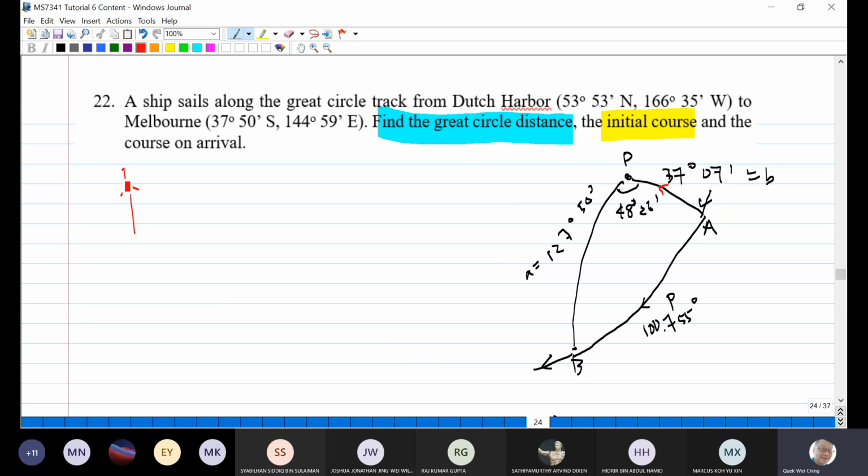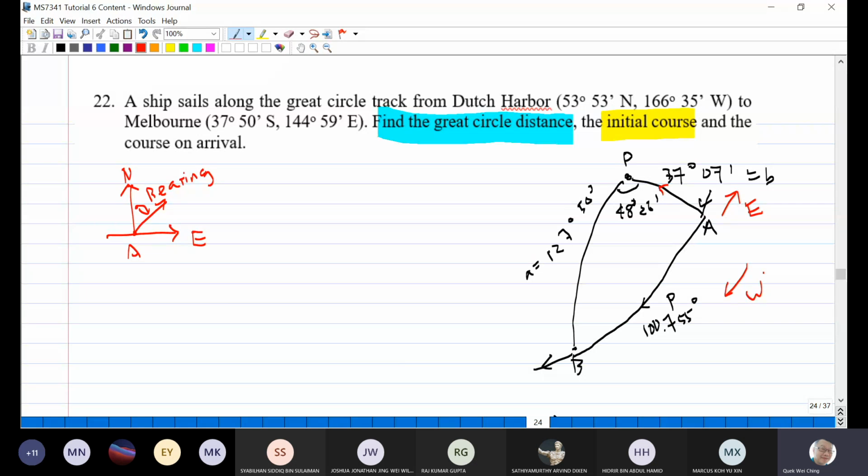This is the North Pole, this is point A, and the bearing is measured from here, pointing toward east. A to B is going westwards. So this direction is east, and this is west.